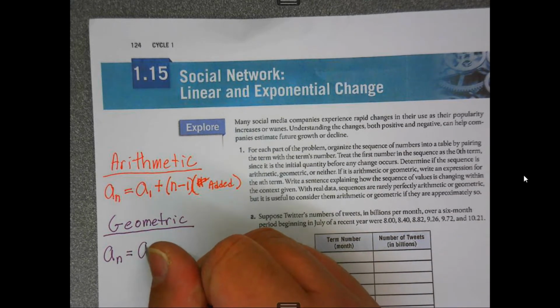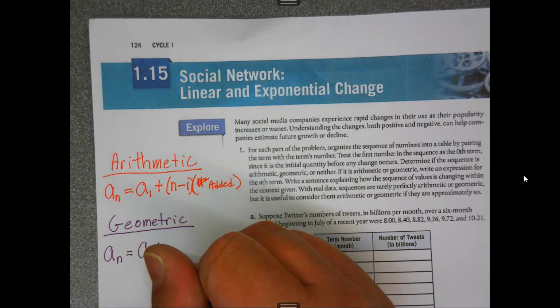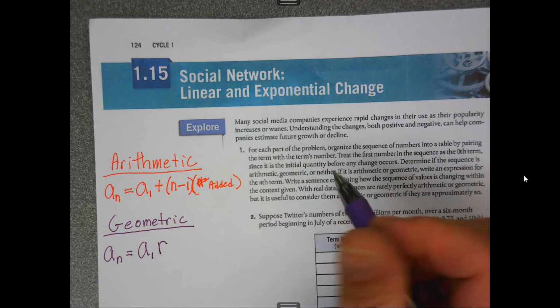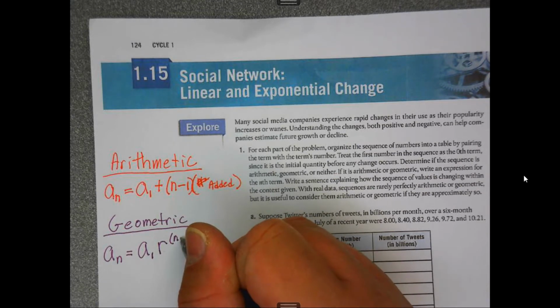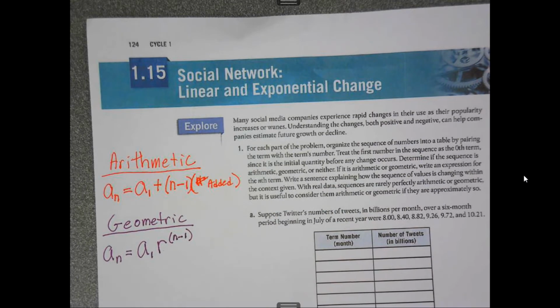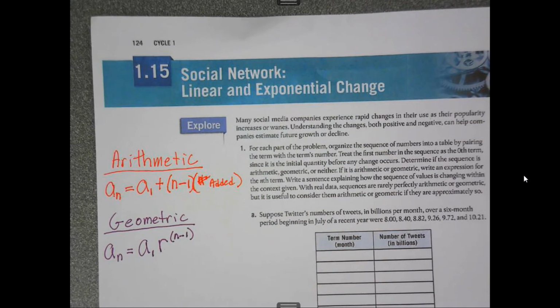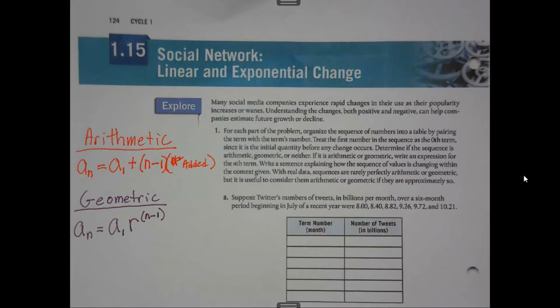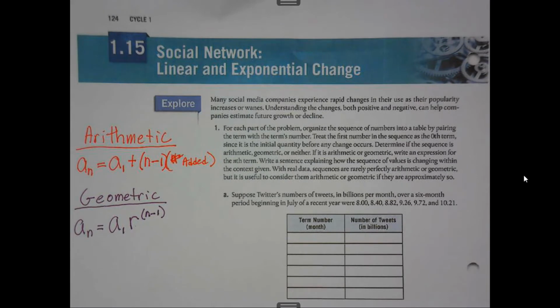We're going to take our first term, and that common ratio, we used little r, and we're going to raise it to the term before the nth term, so raise it to the n minus 1. So that was geometric, and that was the arithmetic. Okay, so let's look at 1a.